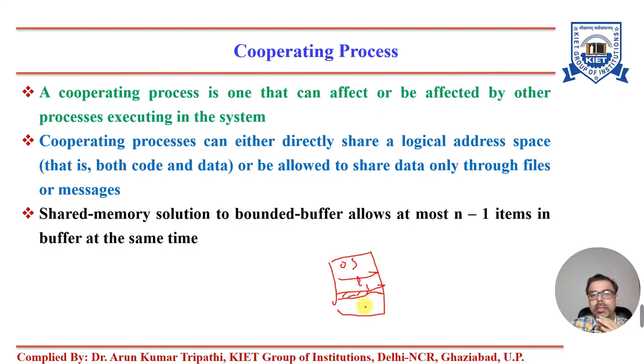This is process P1, this is process P2, and both are sharing the same space. There are two methods of sharing variables. The first one is shared memory, and the second one is message passing.